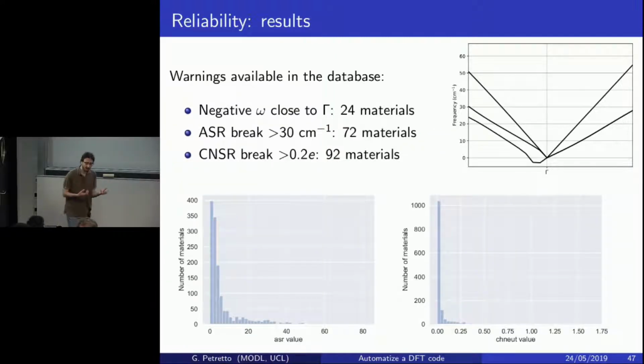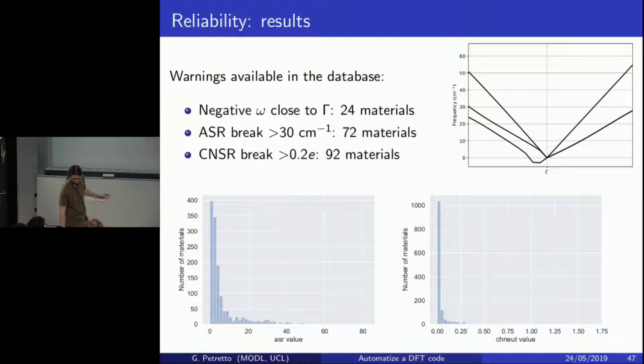For the numerical part, we tried to make an assessment of our results and add warnings to our database of calculations, based maybe on the presence of some small negative modes close to gamma, which usually signals something not very well converged, or on some statistics on the breaking of the sum rules in the phonon calculations.